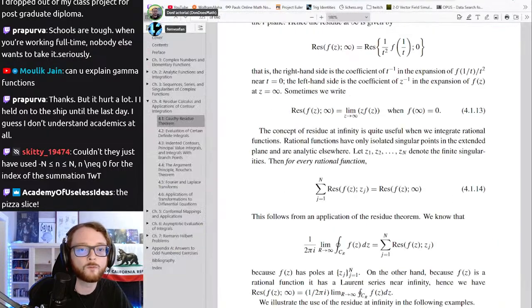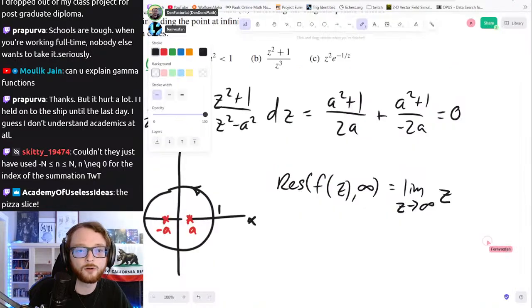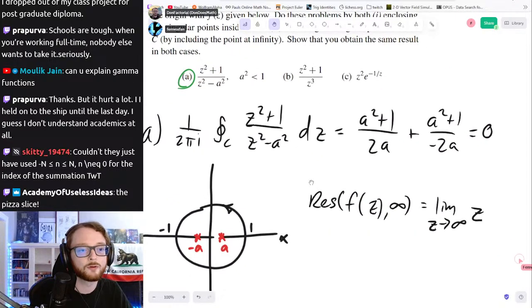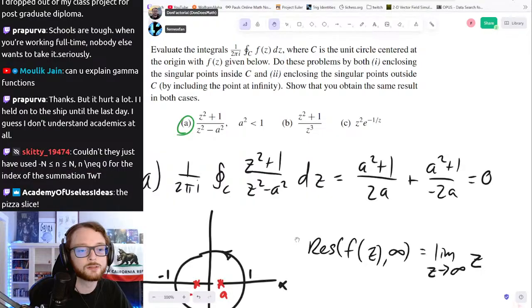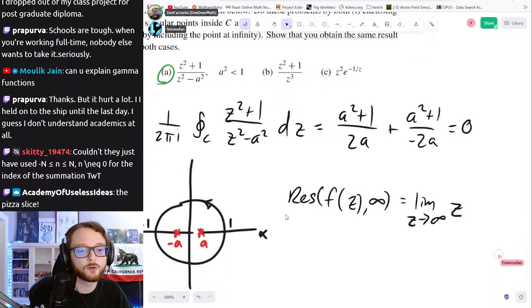Limit as z goes to infinity of z f of z, if f of infinity is 0. Oh, it's not 0 here, though, is it? It's 1. So this formula doesn't work.